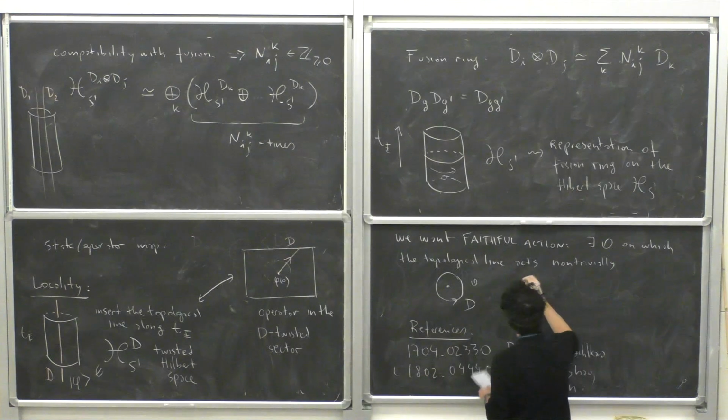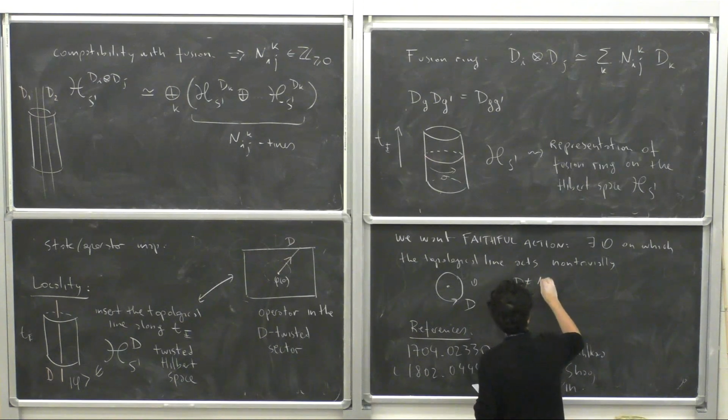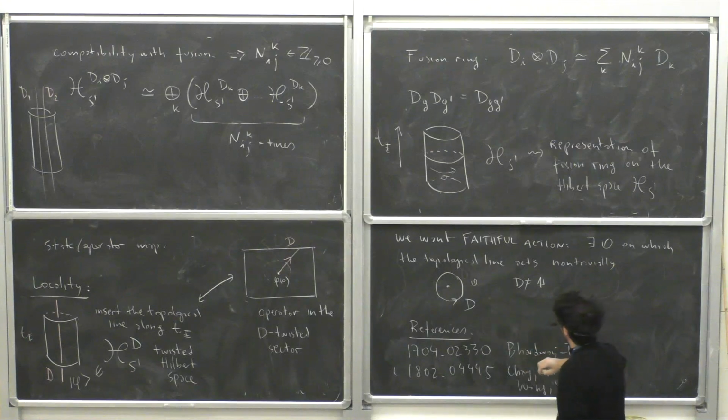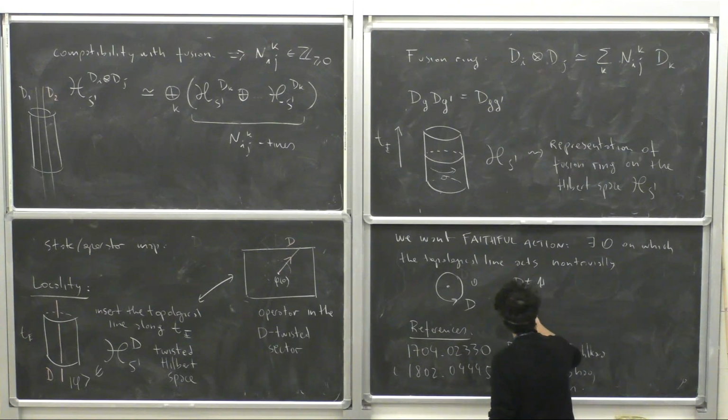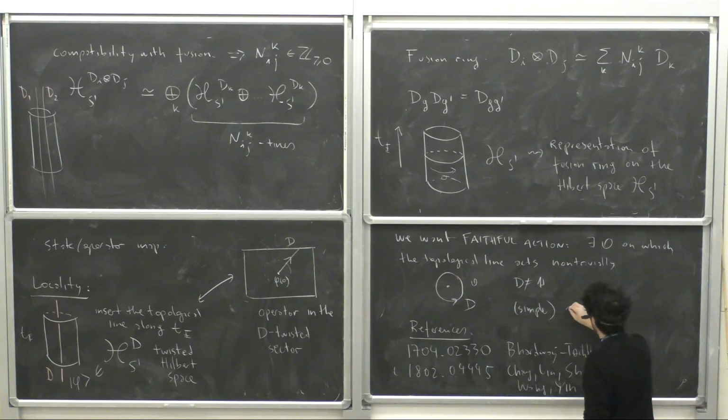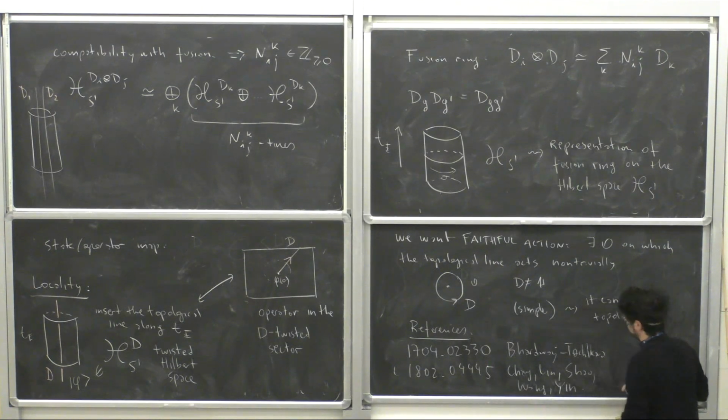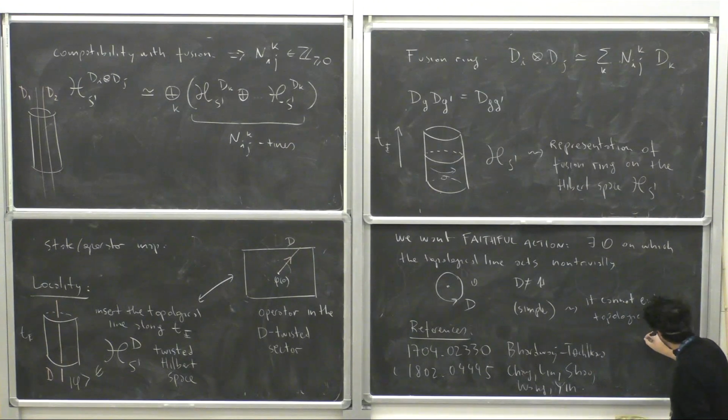And if D is not the identity operator, and it is simple, which is something that we will say later, this implies that it cannot end topologically. Does it mean that the topological line can end? It means that there are some topological operators that can give a morphism with the trivial line. No?